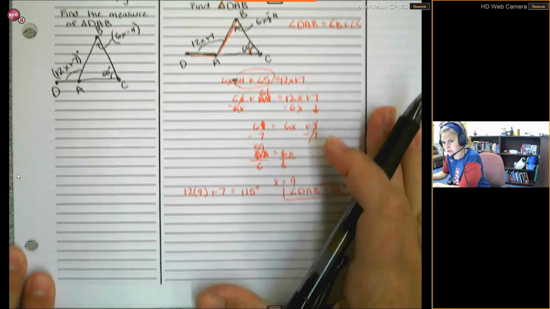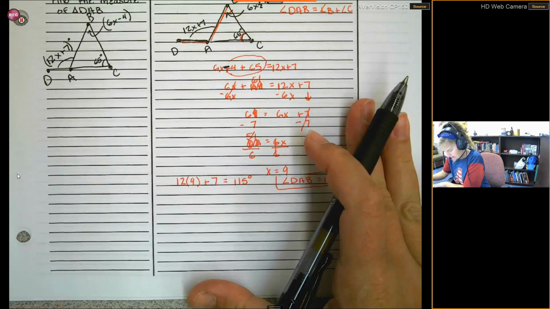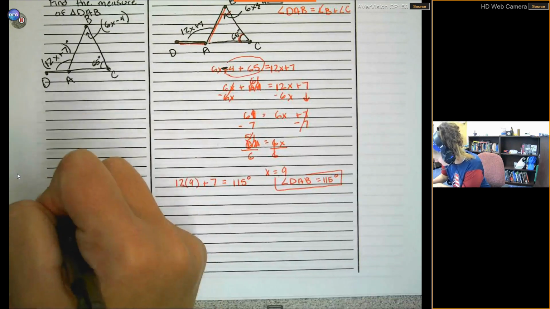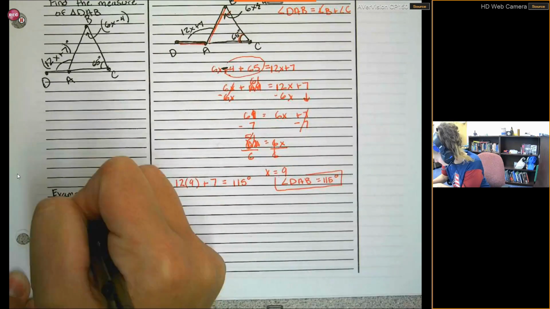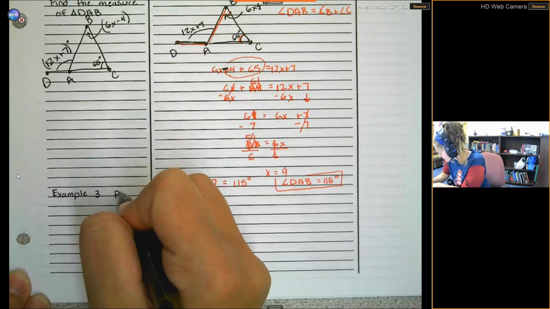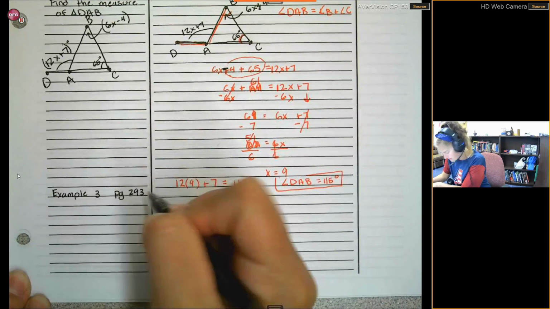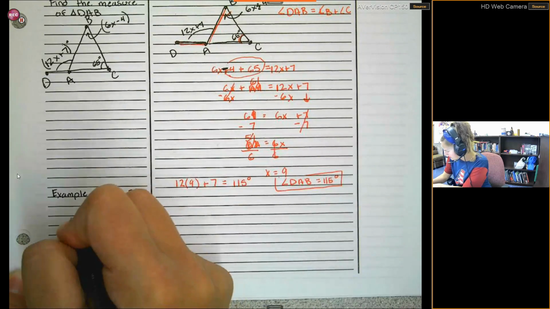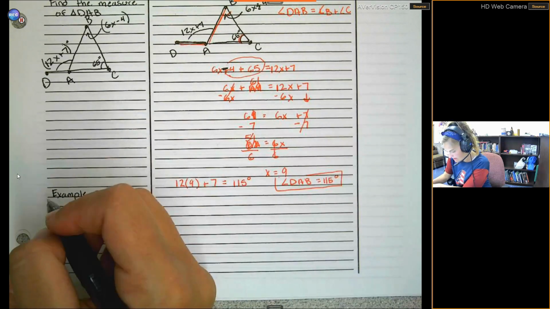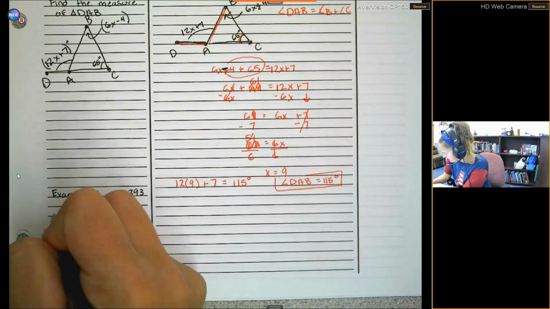I'm just going to write mine small below. But all right, so example 3. And that's on page 293. And we are finding the measure of the variables.